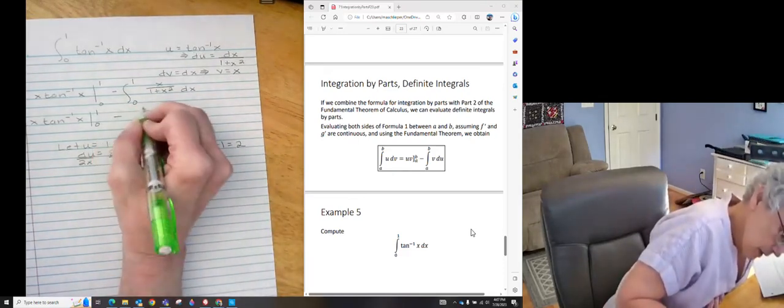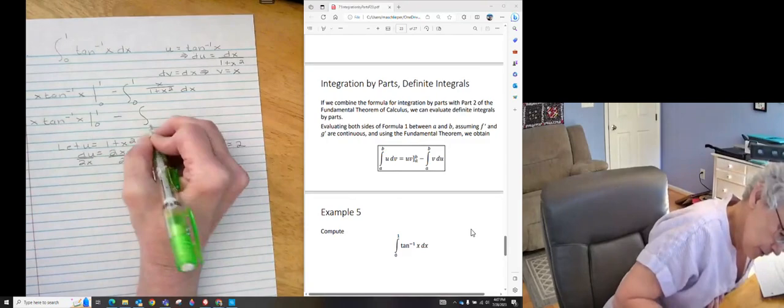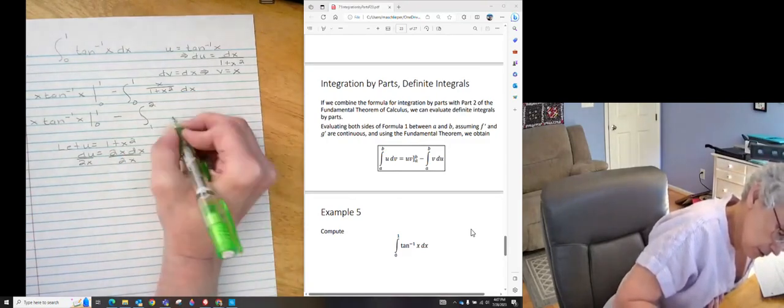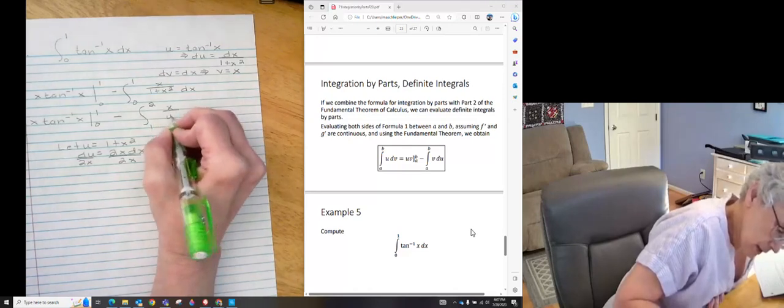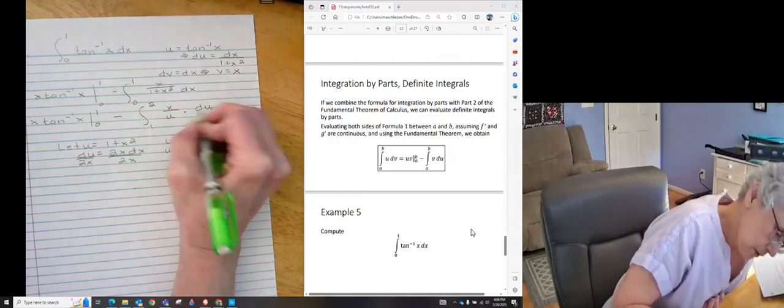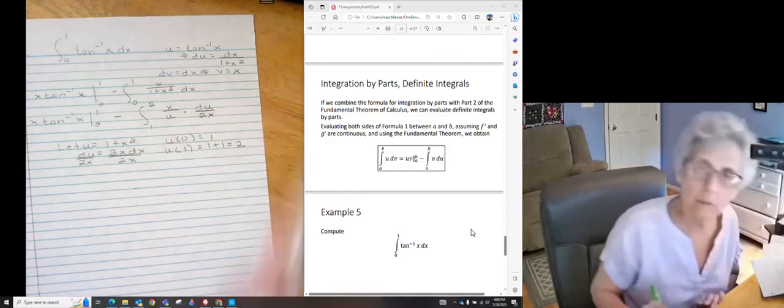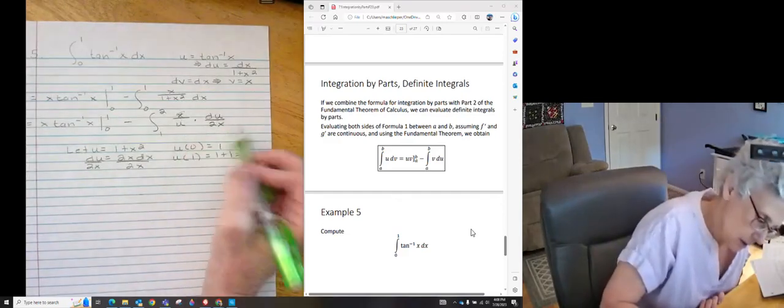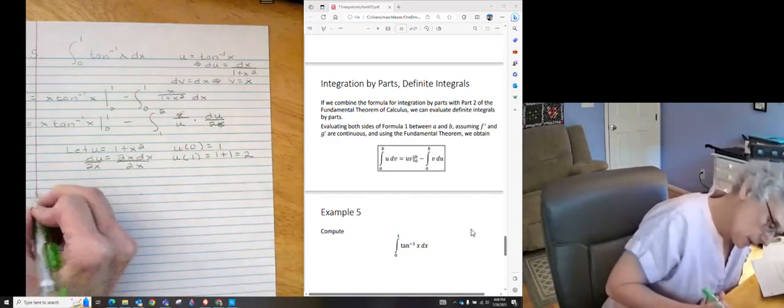So this would be minus the integral from 1 to 2 of x sitting on top of u times du sitting on top of 2x. So that goes away with that.